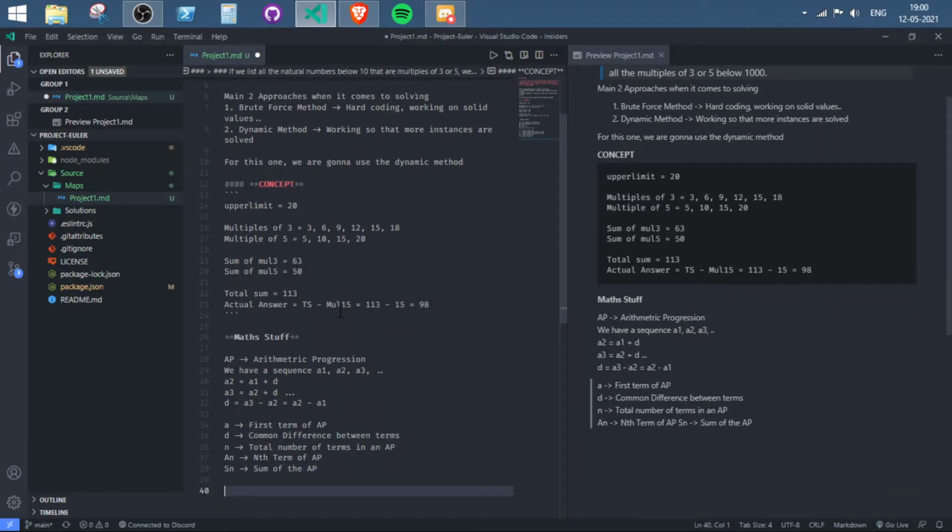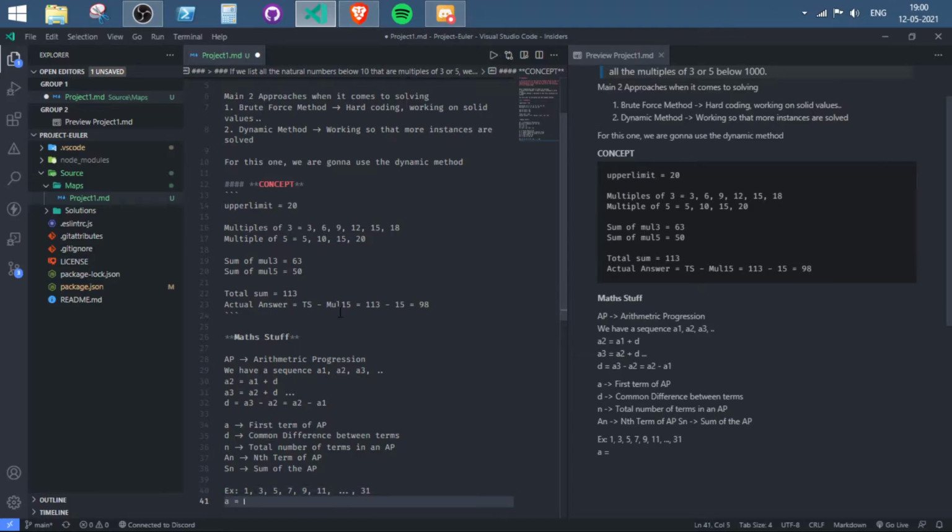Fine. Now let's take an example: 1, 3, 5, 7, 9, 11, dot dot dot, and let's say the sequence continues till 31. How many terms is that? 30 divided by 2 gives the number of odd numbers, plus 1, so 16.